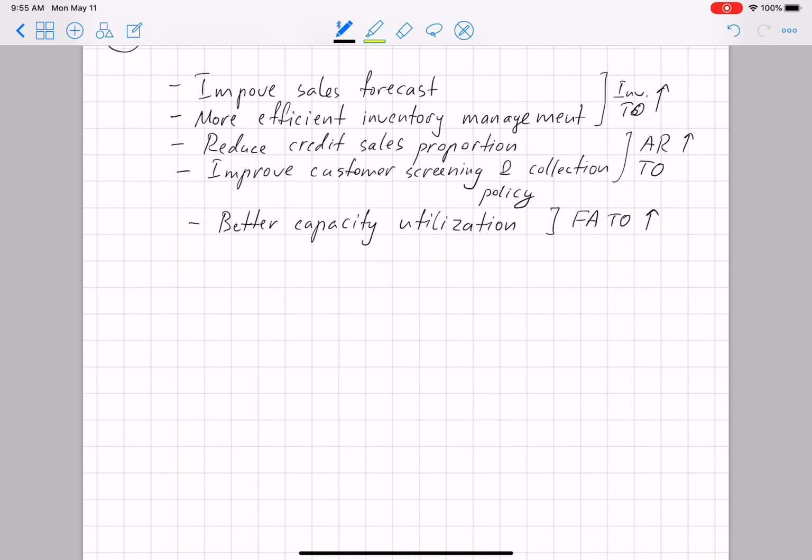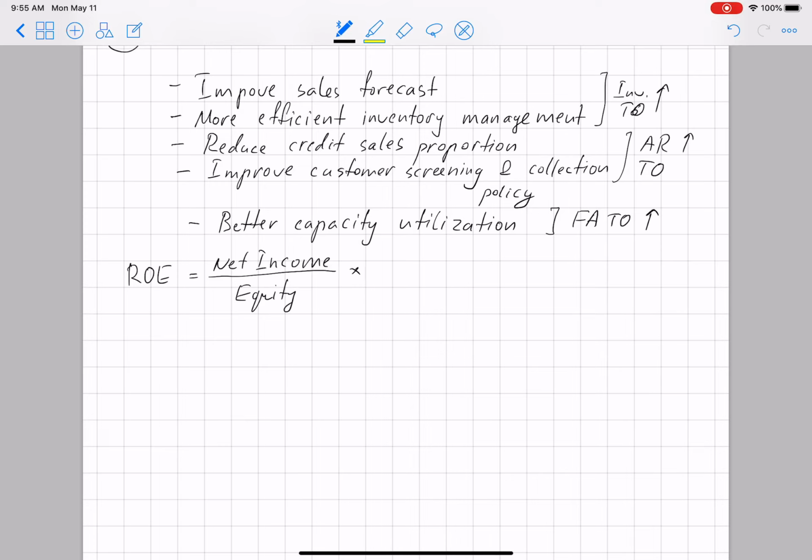Now let's do ROE. So we have further analysis here, return on equity. So your return on equity by definition is net income over equity. So now I'm going to do the same thing.